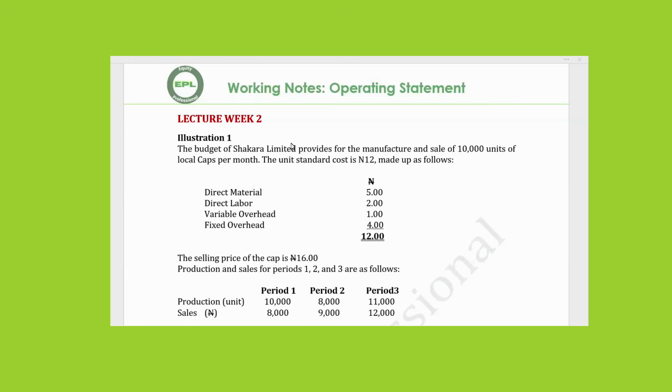Then point number 4 is that absorption costing method uses the gross profit, unlike marginal costing that uses the contribution margin. Then point number 5 is that absorption costing recognizes the overhead absorption. So these are the things we discussed last time.